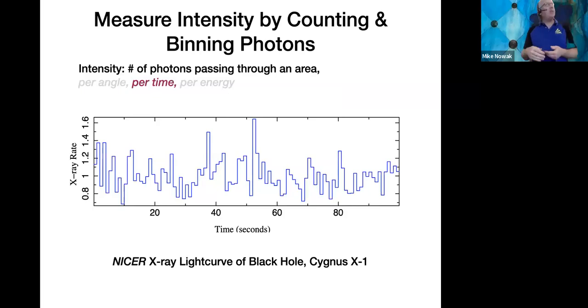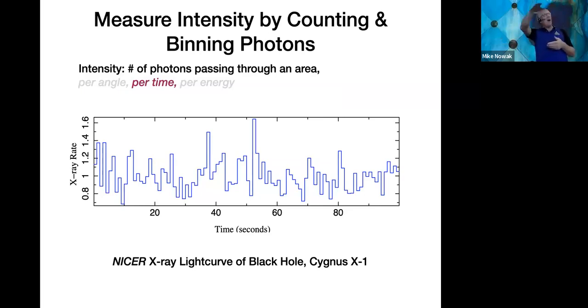If instead we take the photons and we bin them up per time, we're just making a light curve. Now this is an X-ray light curve of a black hole, which is about 6,000 light years away, a black hole called Cygnus X-1, and this is looked at with an X-ray satellite called NICER. By binning up the photons that are coming to us over time, I'm making a light curve.